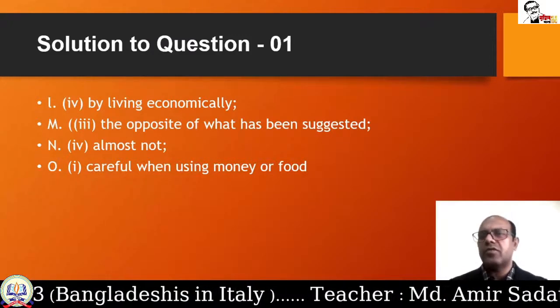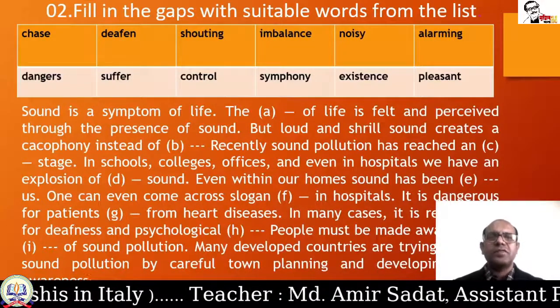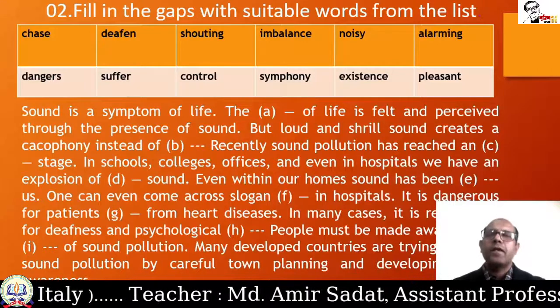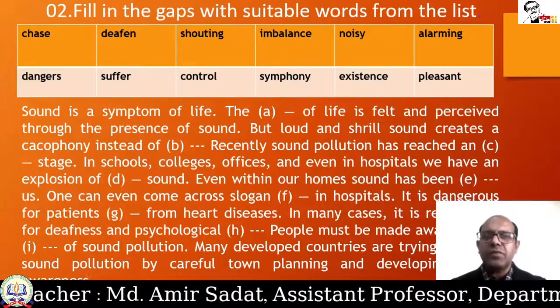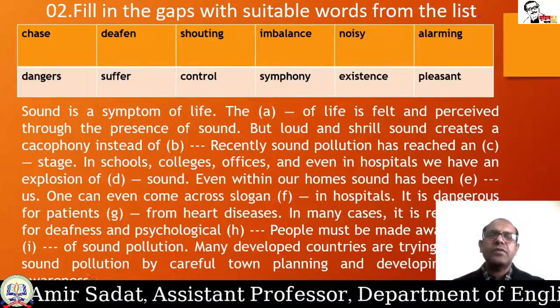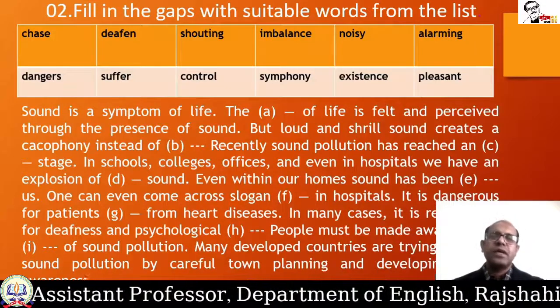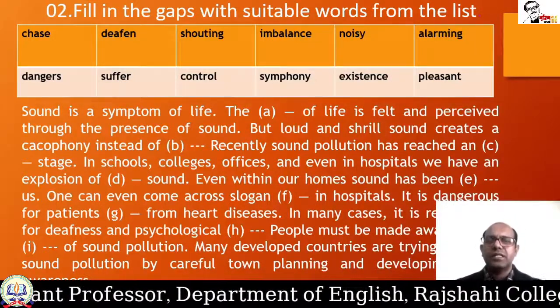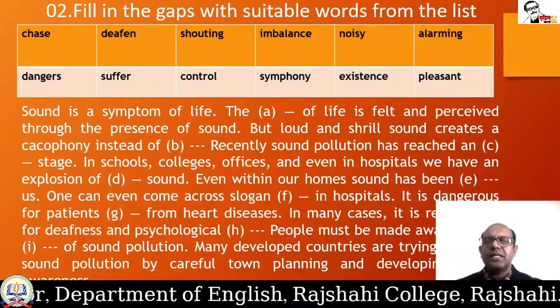Now fill in the gaps with suitable words from the list. This is called a cloze test with clues. There are 12 clues, and you have to choose 10 of these 12 clues. There are 10 gaps, and you have to put them in the gaps, and change them if some grammatical change is needed.